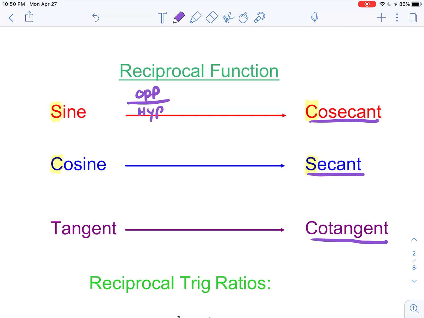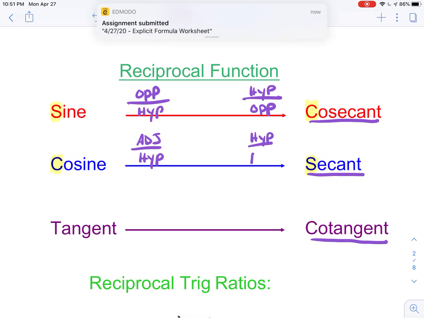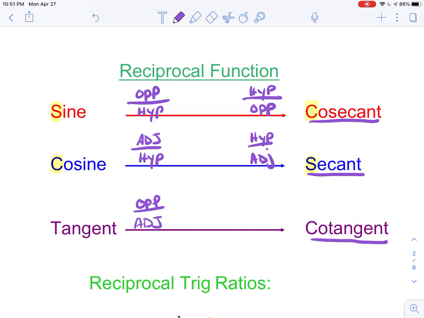So if sine is opposite over hypotenuse, what do you think the reciprocal trig function is going to be? Well, it's going to be flipping over that fraction. So my hypotenuse over my opposite. If cosine is adjacent over hypotenuse, what do you think its reciprocal trig function secant is going to be? Well, we're going to flip that fraction. Put hypotenuse over adjacent.